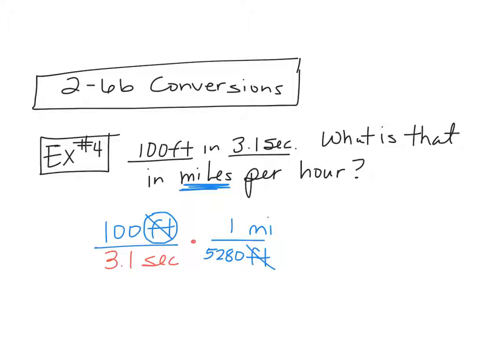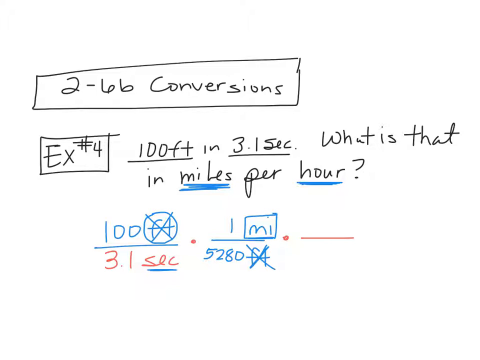But notice what happens now. We no longer have feet, and now we have miles per second as our units, but we want miles per hour. So we're good with miles. This one's going to stay. We're done converting that. Now what we have to convert is our seconds. To convert seconds into hours, we're going to do 2 conversions, because most people probably don't know how many seconds there are in an hour.